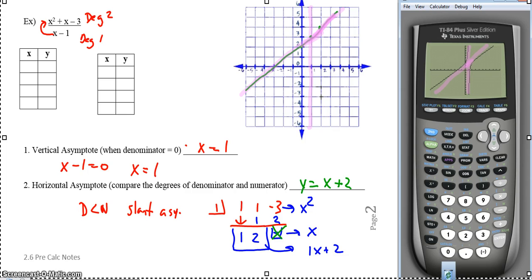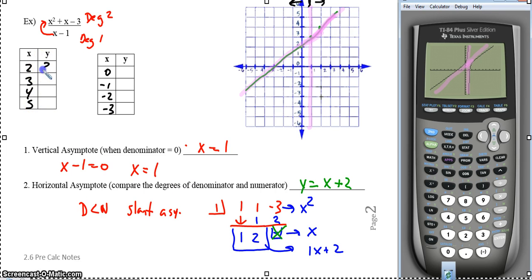I can continue to make my graph by coming up with what values I should put in my table. If my vertical asymptote here was at 1, then I pick values bigger than 1 and less than 1. Bigger than 1 would be 2, 3, 4, and 5. Less than 1 would be 0, negative 1, negative 2, and negative 3. I've already calculated these values.